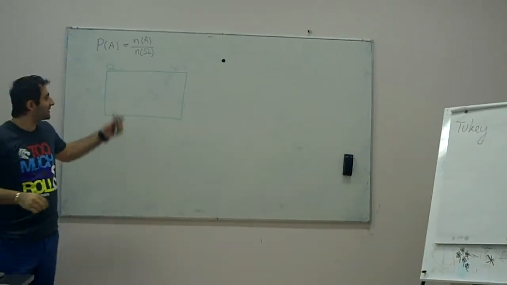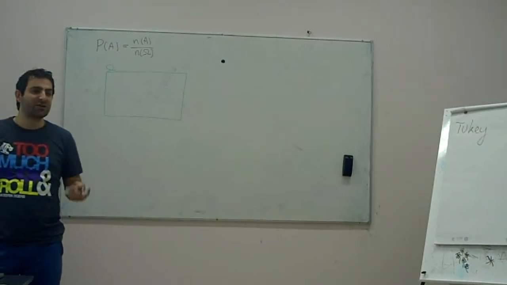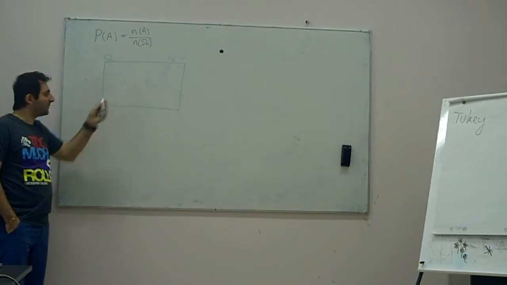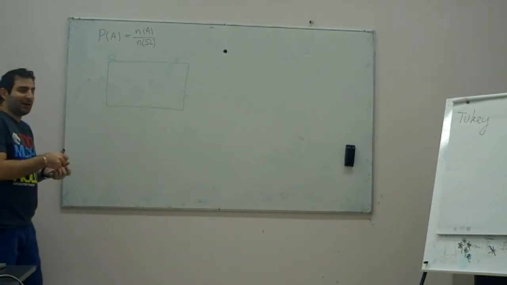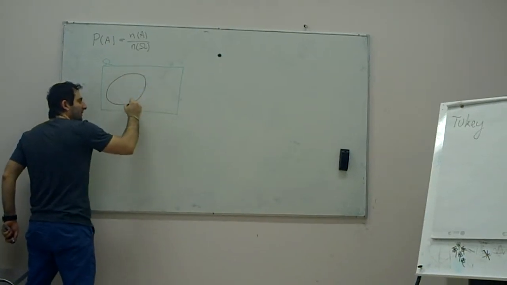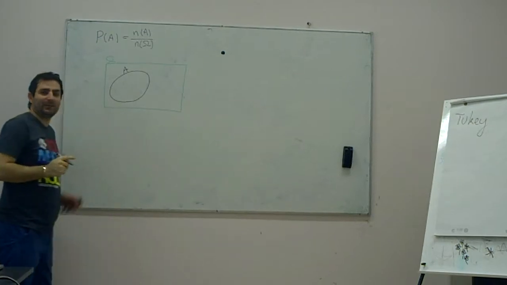Assume that the sample space is, let's say, the natural numbers. So negative numbers are not possible, we don't have negative numbers inside it. Then what we do, we represent groups with a circle inside it, and we call it event A.